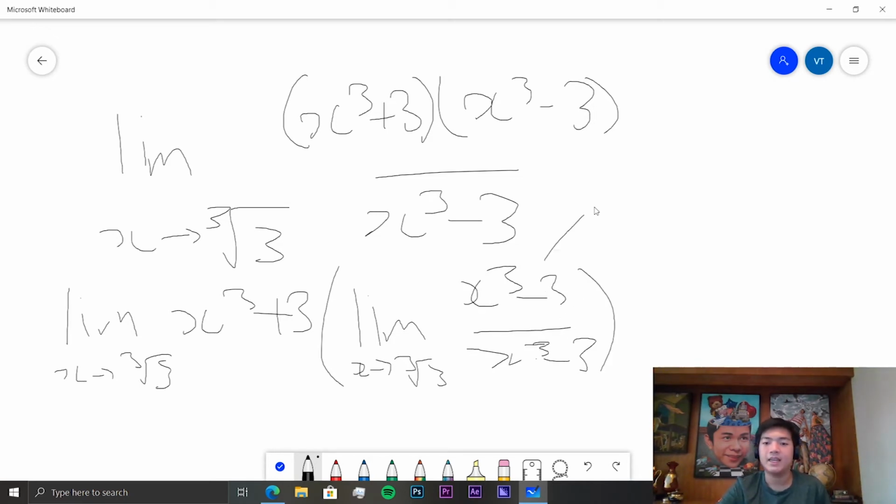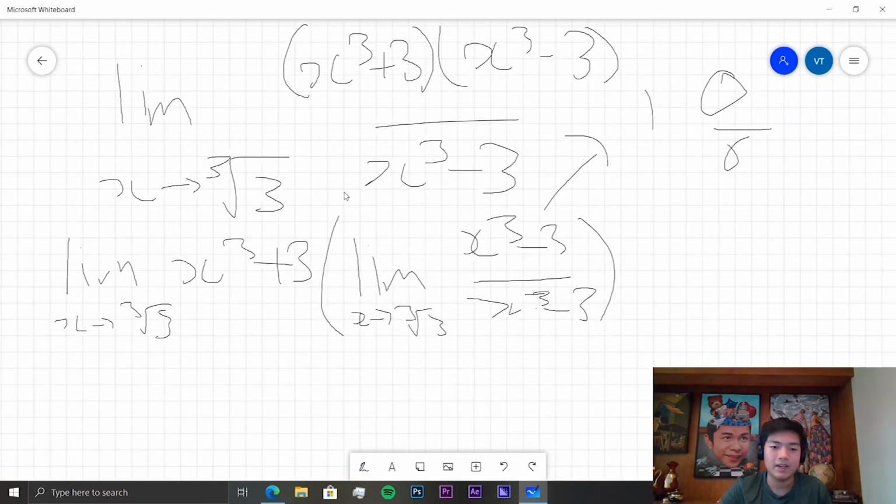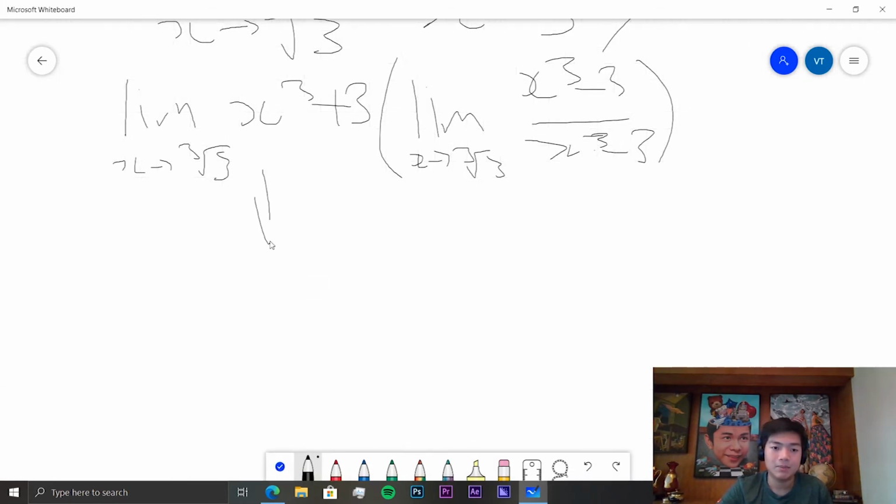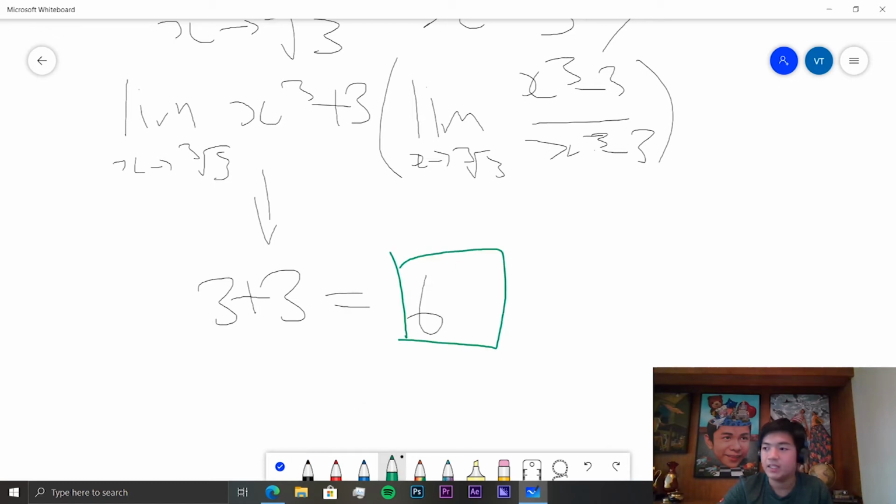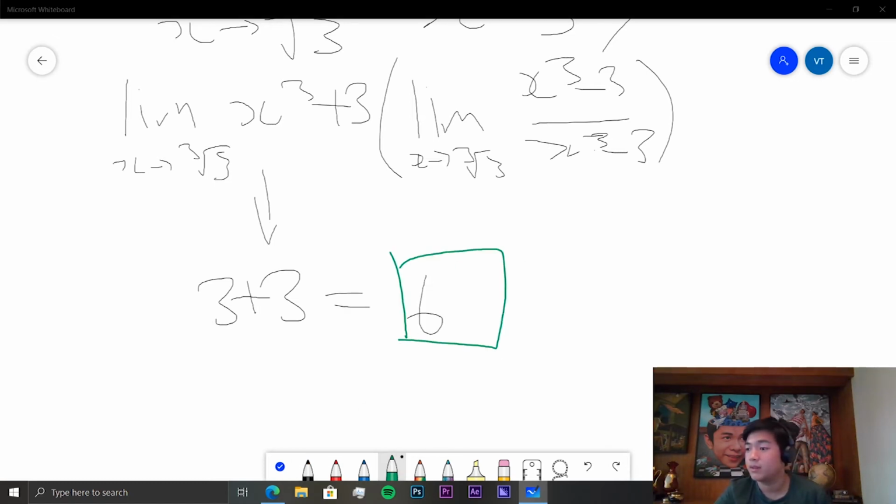So the thing is, this should tend to 1, even though it will never reach it since we cannot evaluate 0 over 0. But since it's a limit, we can evaluate it as 1. And so we simply have to evaluate this, and this will simply be 3 plus 3, otherwise 6. So that should be our limit for the third one.